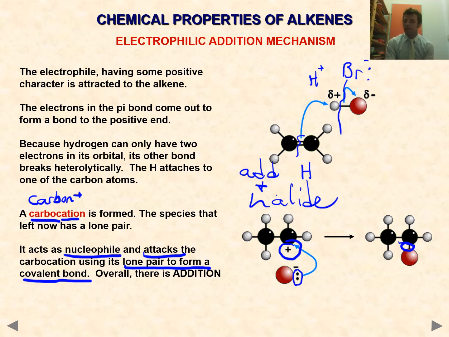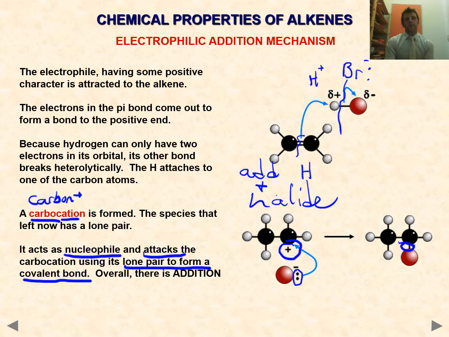This carbocation does not exist very long. In fact, what ends up happening is when this bond splits right here, and you end up with this H plus and Br minus, the lone pair from that Br minus, we can see it right here, serves to create a bond between the carbocation. And then we can see that bond happening right in this area. So it's creating a bond on that carbocation.